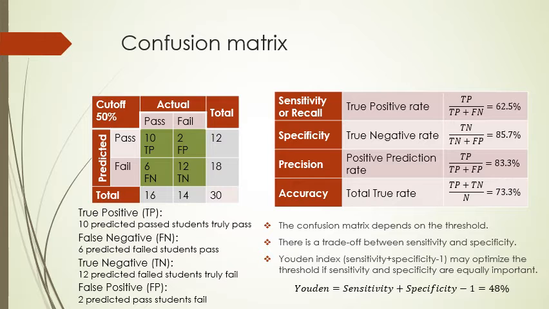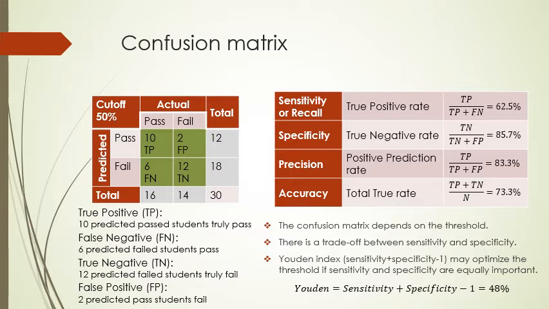10 students predicted to pass by the model truly pass the exam. They are the true positive, since they are predicted positive and the prediction is correct. 6 students predicted to fail by the model actually pass the exam.